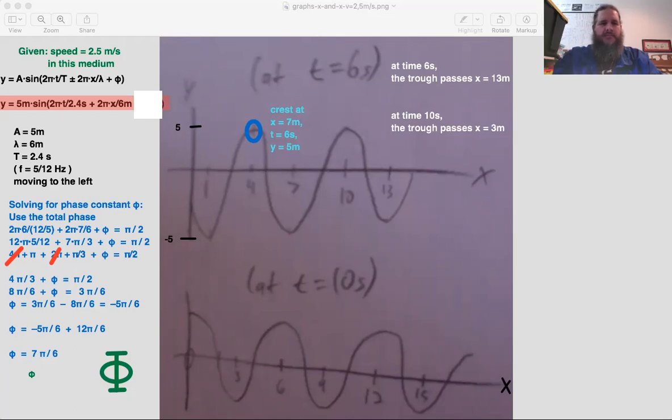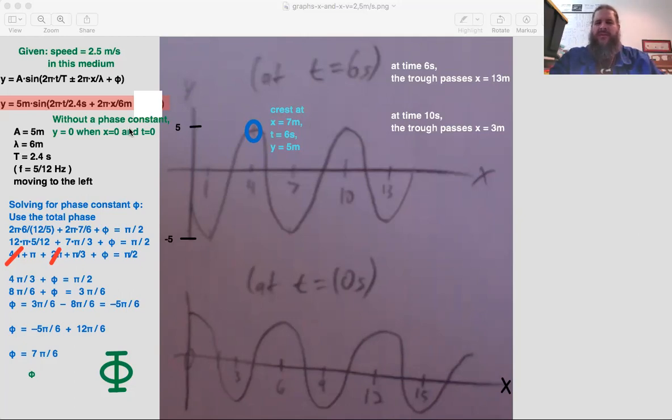You would just get 0. Without a phase constant, y equals 0 when x equals 0 and t equals 0. Which means without a phase constant, every wave would be passing through the origin at time 0. That is, passing through equilibrium. And that's not true. A wave could be starting at any height at time 0.